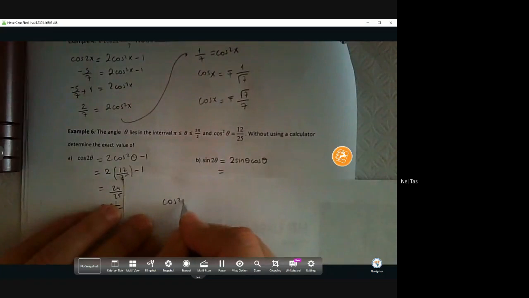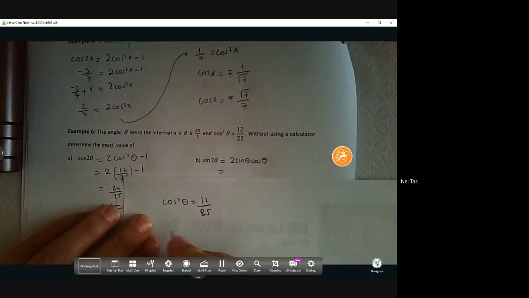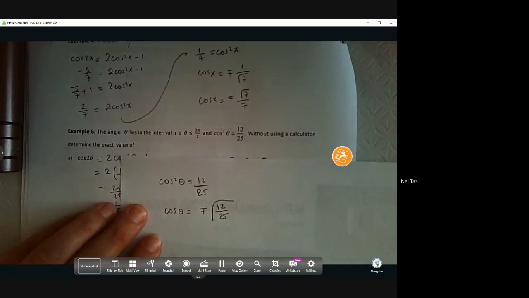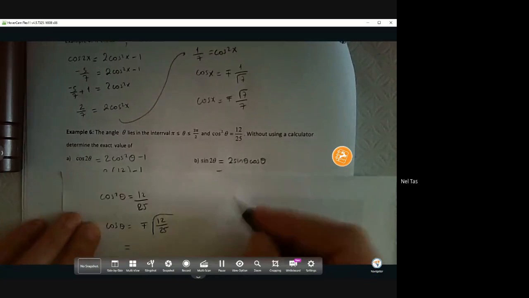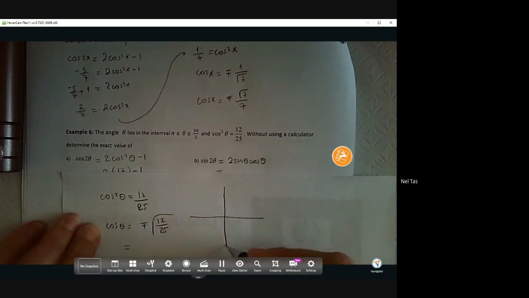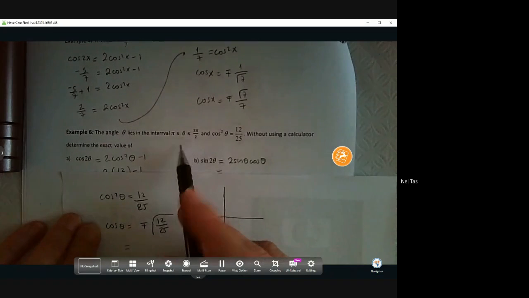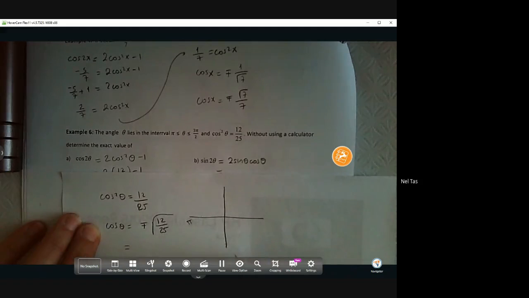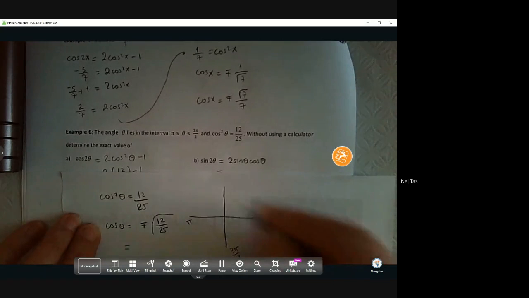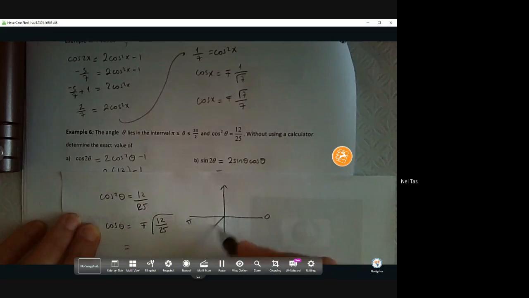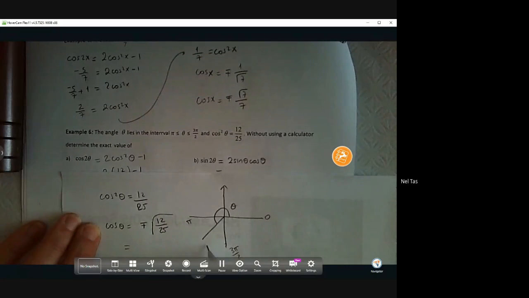Cos squared theta equals 12 over 25. Then cos theta should be plus and minus the square root of 12 over 25. But there is another piece of information here. It says theta is between pi and 3 pi over 2. So pi is here, 3 pi over 2 is here, and this is 0. The angle that we have is right here in the third quadrant.